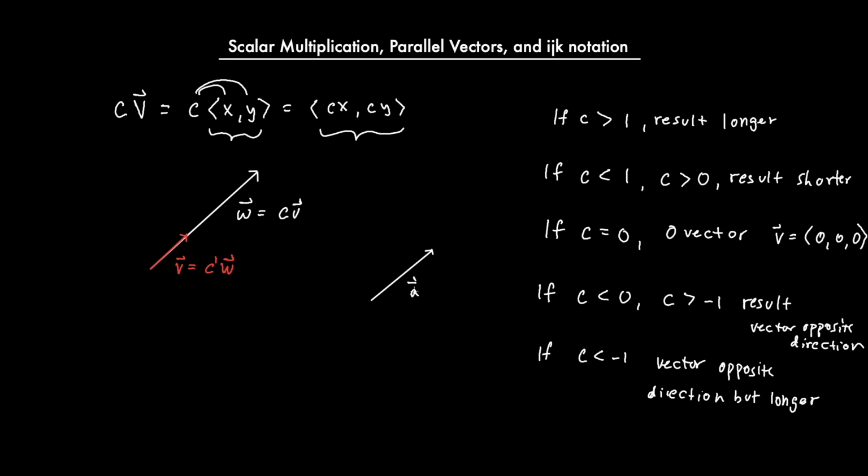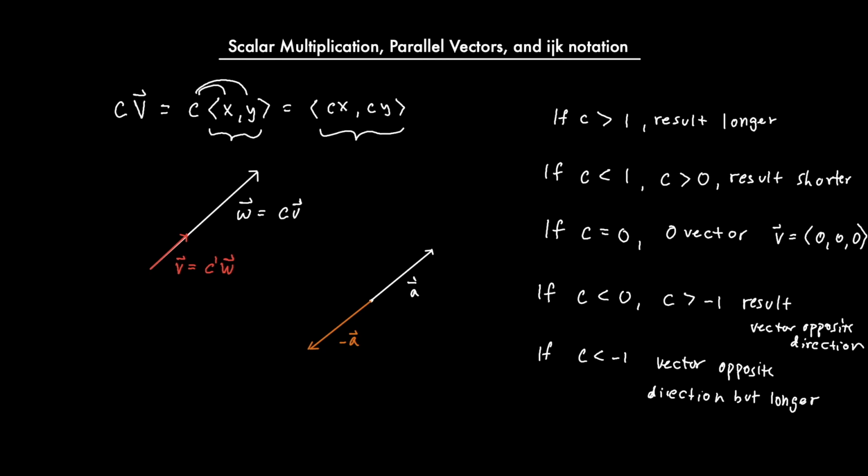Now, if we multiply A by -1, what happens to the vector? Well, the vector gets flipped. So this new vector will be in the opposite direction, but it will have the same length as A. So the magnitude will still be the same. And this is -A. It's just that the negative version of the vector is pointing in the opposite direction.